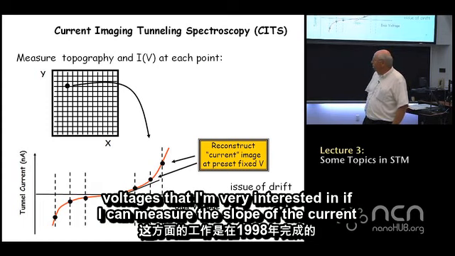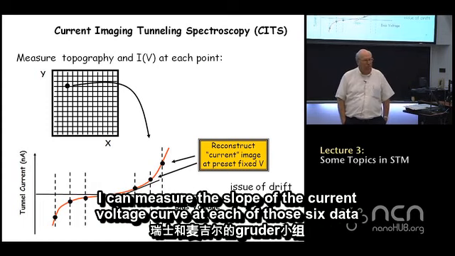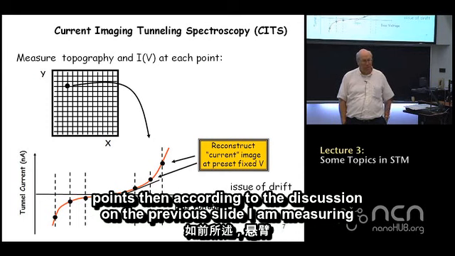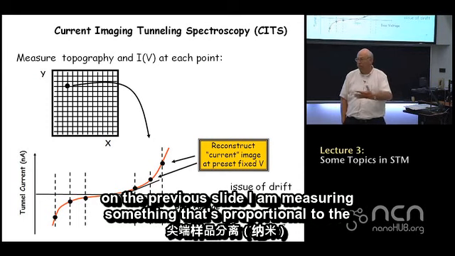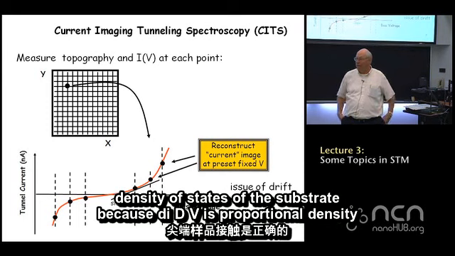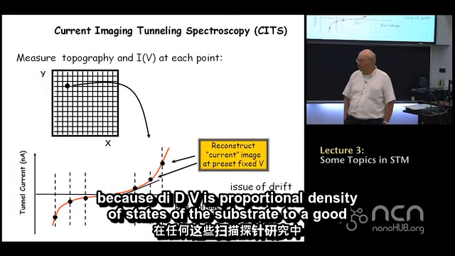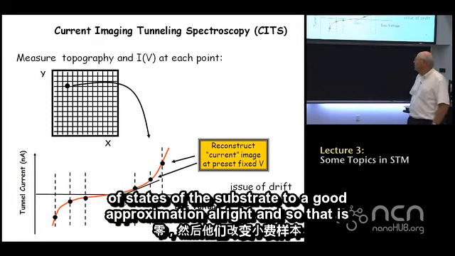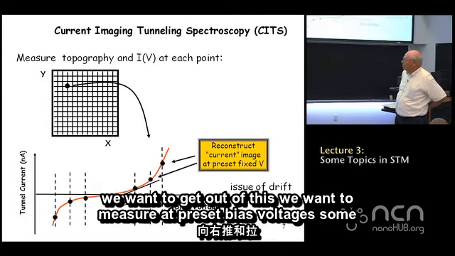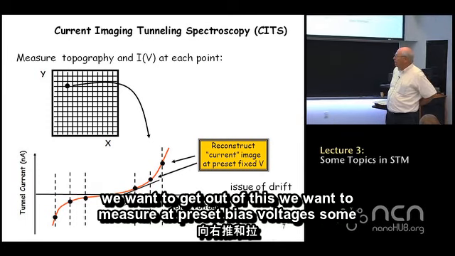If I can measure the slope of the current-voltage curve at each of those 6 data points, then, according to the discussion on the previous slide, I am measuring something that's proportional to the density of states of the substrate, because dI/dV is proportional to the density of states of the substrate to a good approximation, right? And so that is the important quantity that we want to get out of this. We want to measure at preset bias voltages.